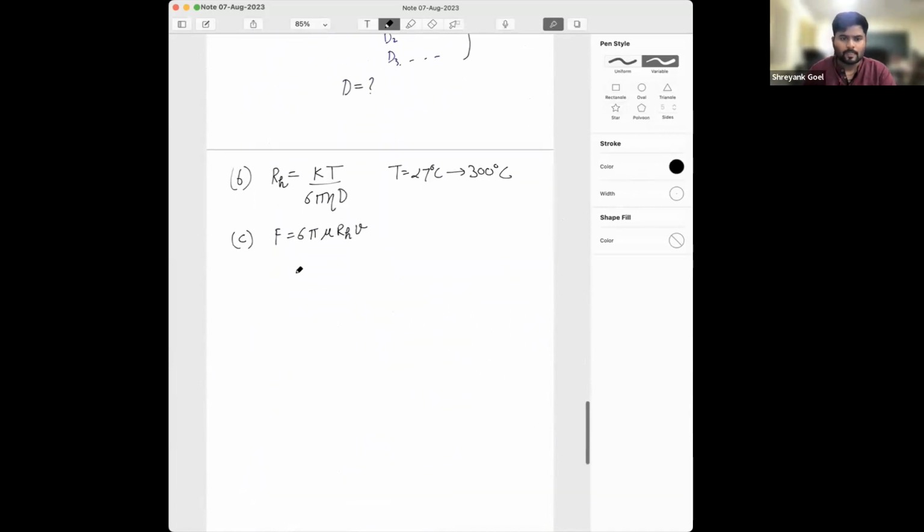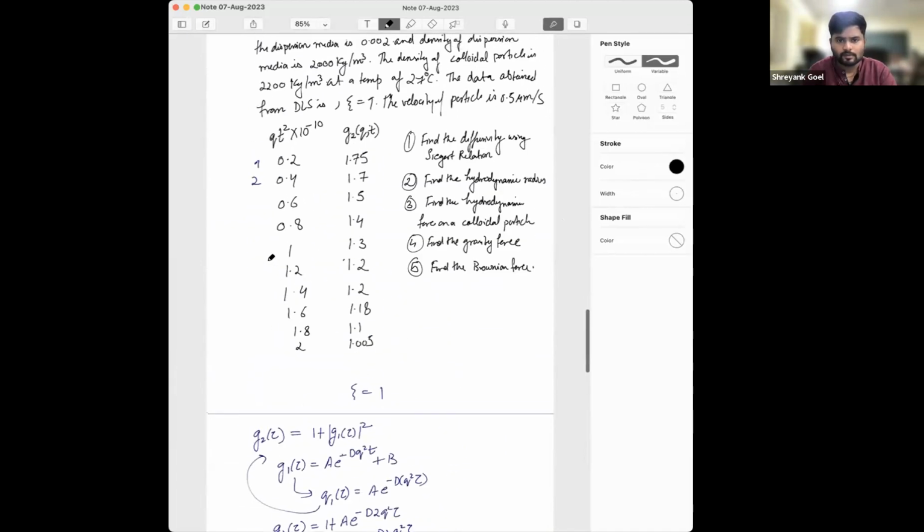Okay. Then the third part is the hydrodynamic force on the colloidal particle.